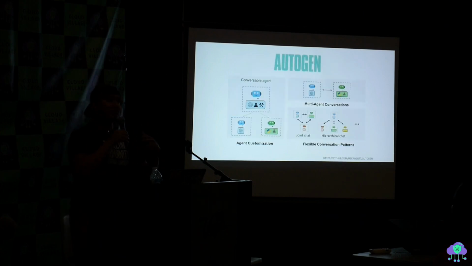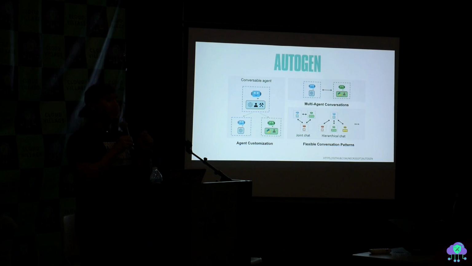There are tools that exist already in the community, such as AutoGen, which is open source, and it's something you can use to actually define these types of agentic patterns, right? So I highly recommend looking into AutoGen and seeing what makes sense for your use case.